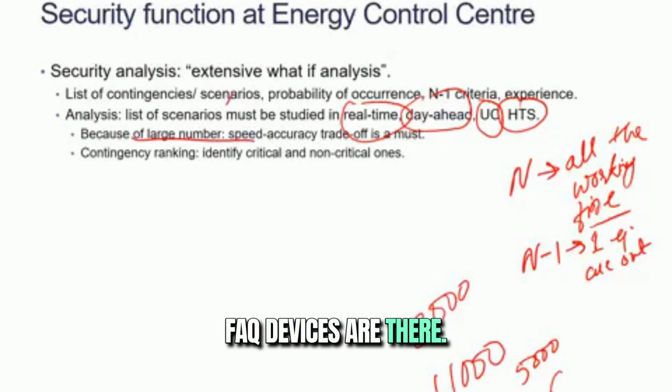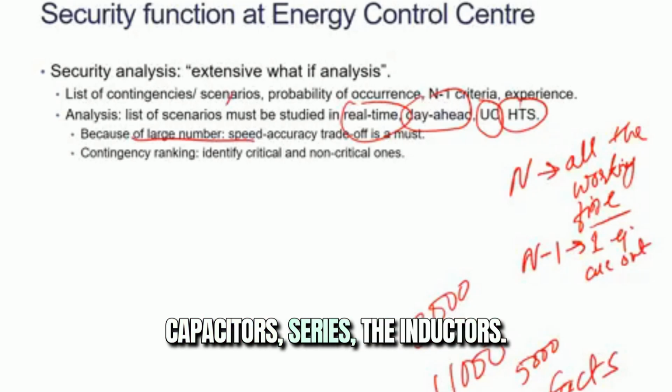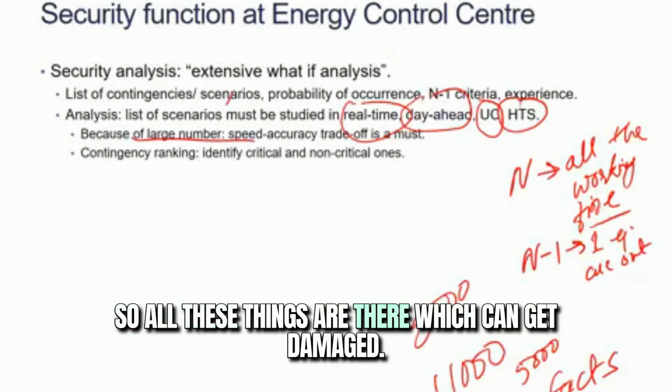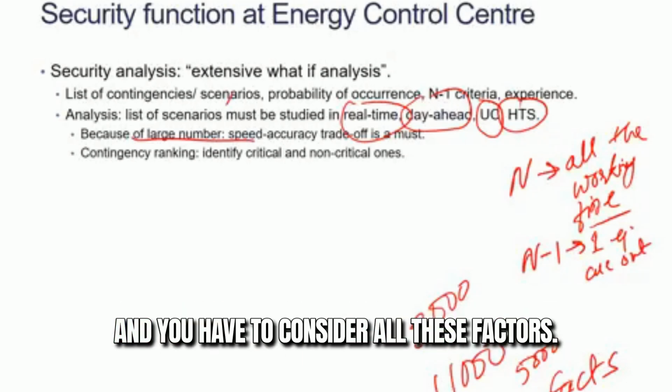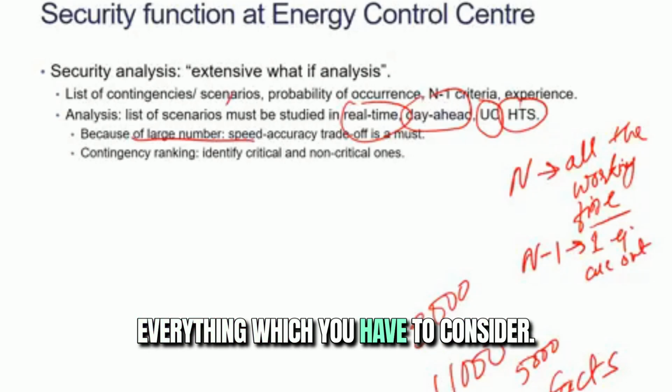FACTS devices are there. There are capacitors, series capacitors, series inductors. So all these things are there which can get damaged, and you have to consider all these factors. So you can imagine the size of everything which you have to consider.